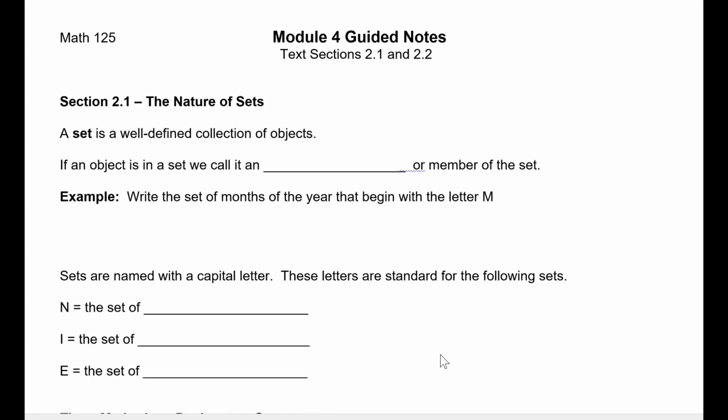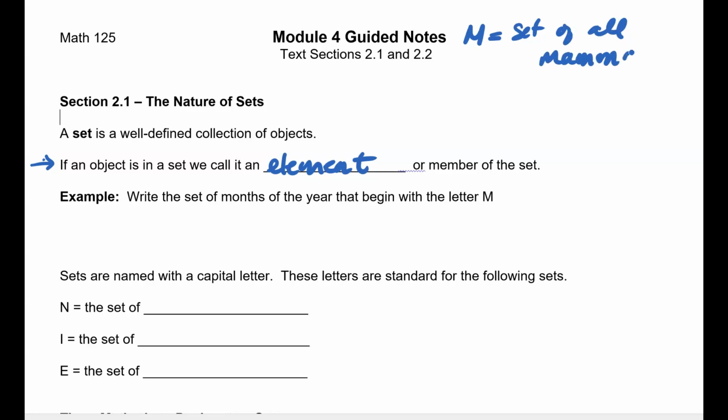Right here, if an object is in a set, we call it an element or member of the set. For example, let's say that M stands for the set of all mammals. Okay, similar to what I was just talking about.